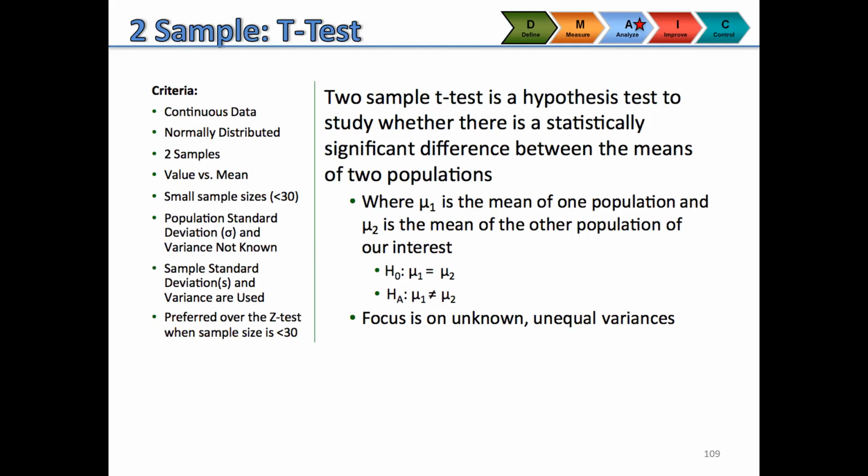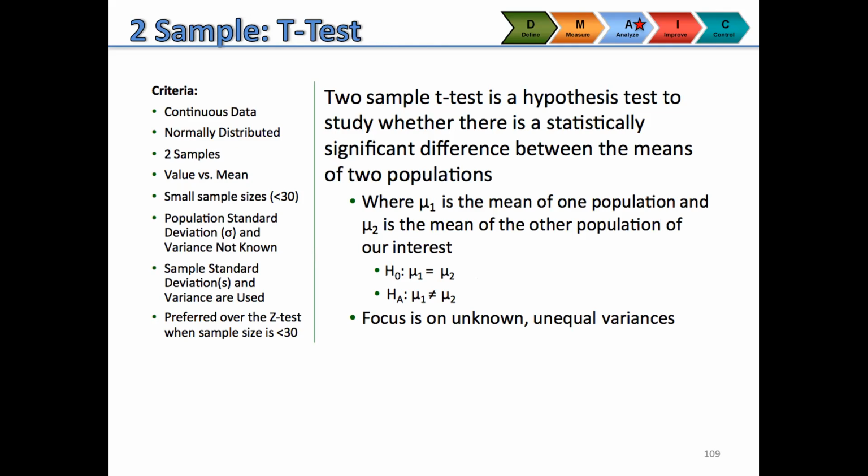It's a hypothesis test to study if there's a statistically significant difference between the means of 2 populations, where mean 1 is the mean of one population and mean 2 is the mean of the other population of interest. The focus is unknown, unequal variances. But obviously more than 1 sample.